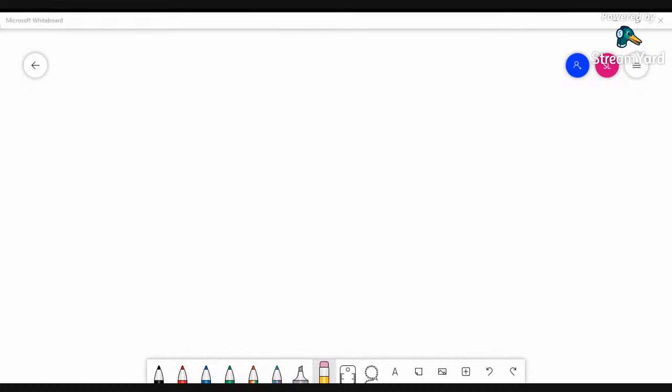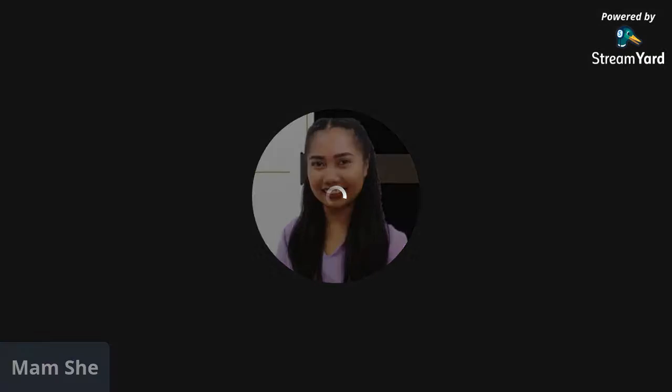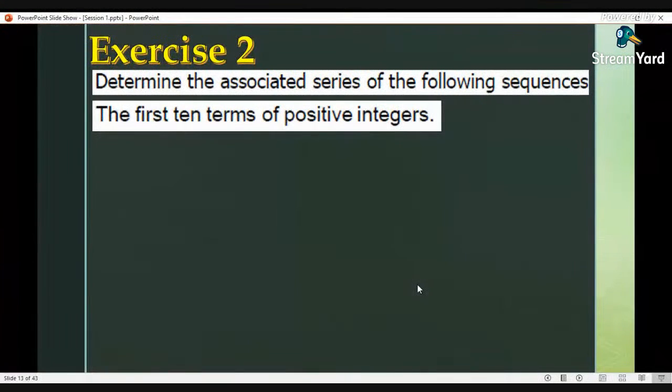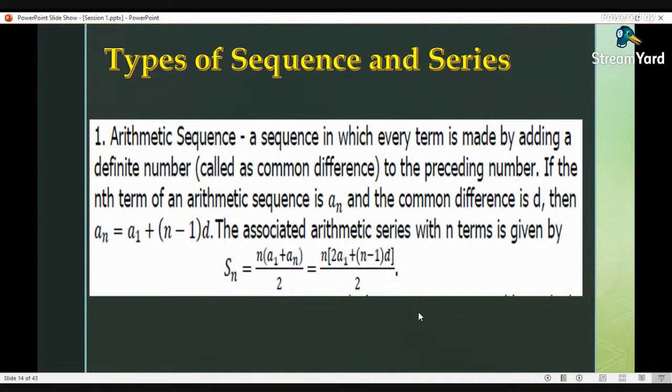Okay, let's continue again with the next. Okay, so we have here the different kinds of sequence. So first is the arithmetic sequence.